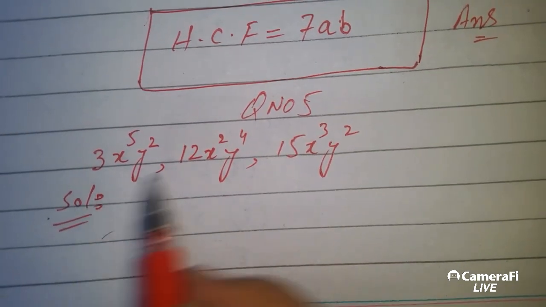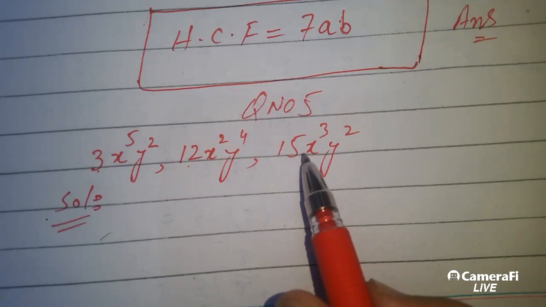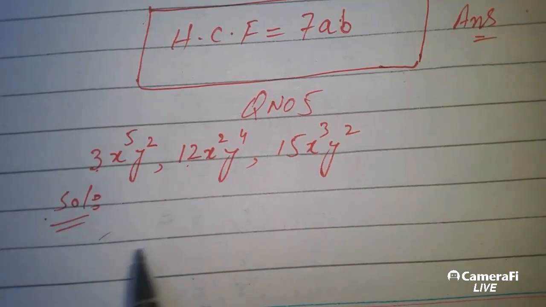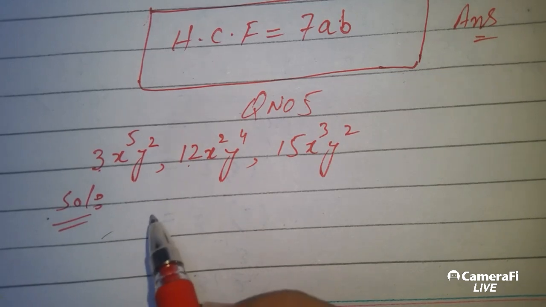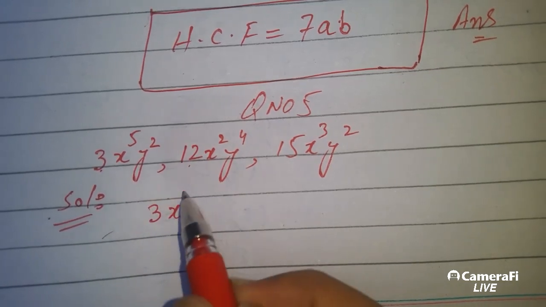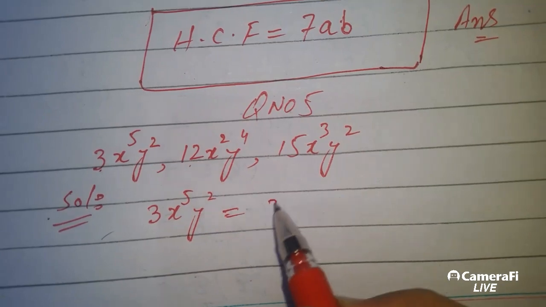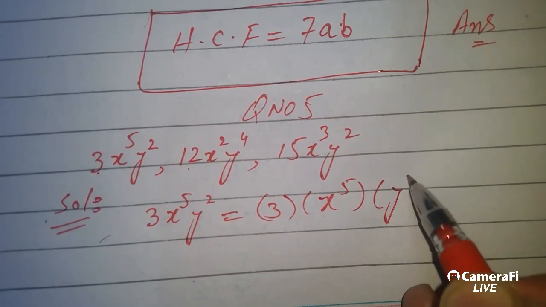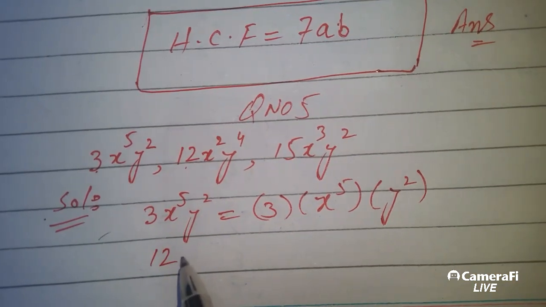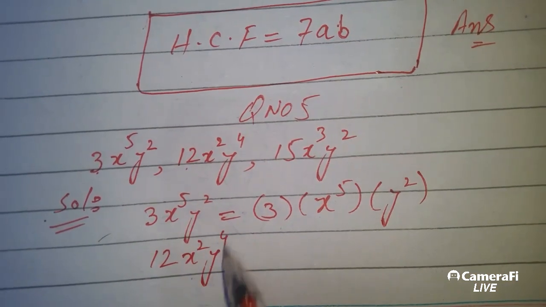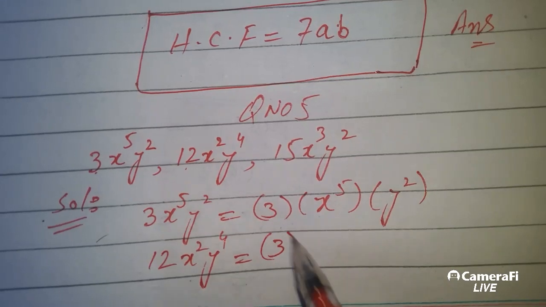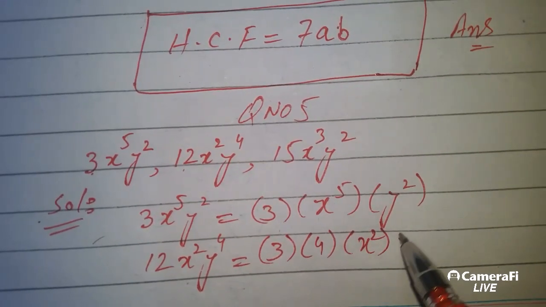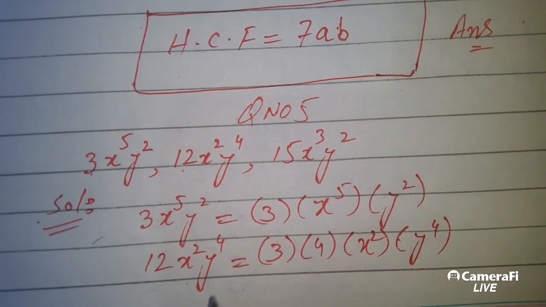Here again 3, 12 and 15 have the factor 3. 3 4s are 12, x raised to power 2 y raised to power 4.